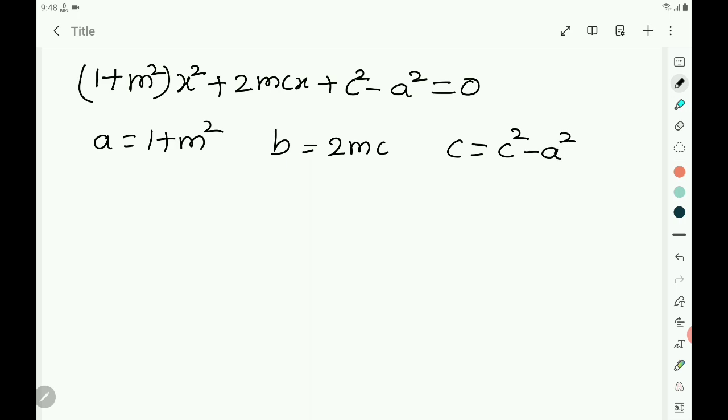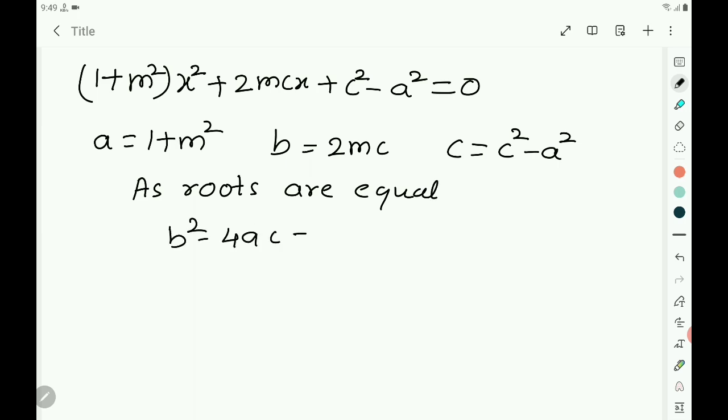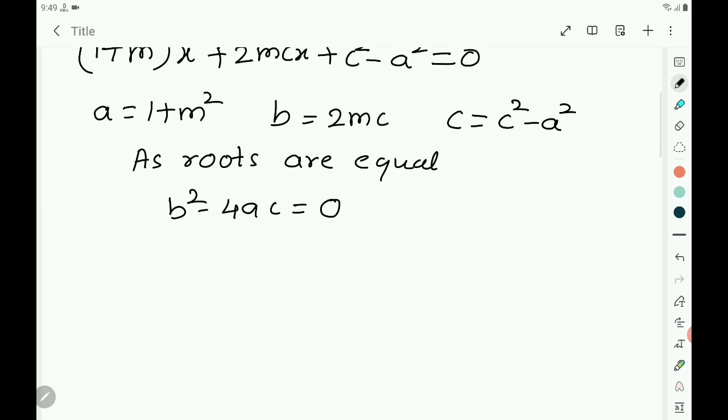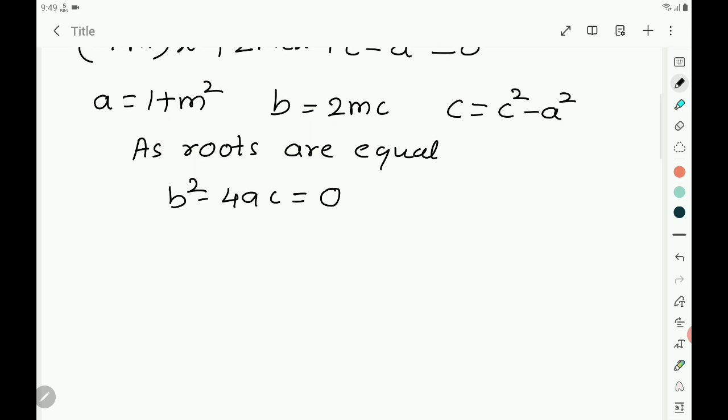Now you write, as roots are equal, b² − 4ac = 0. Then you write the b value. The b value is 2mc, so b² means (2mc)².